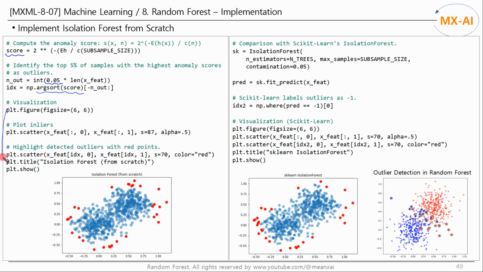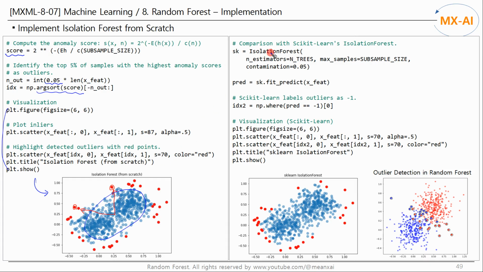We then visualize the normal samples and the detected outliers. Here is the result. The blue points represent normal samples, and the red points represent outliers. You can see that the detected outliers are located far from the center of the overall data distribution.